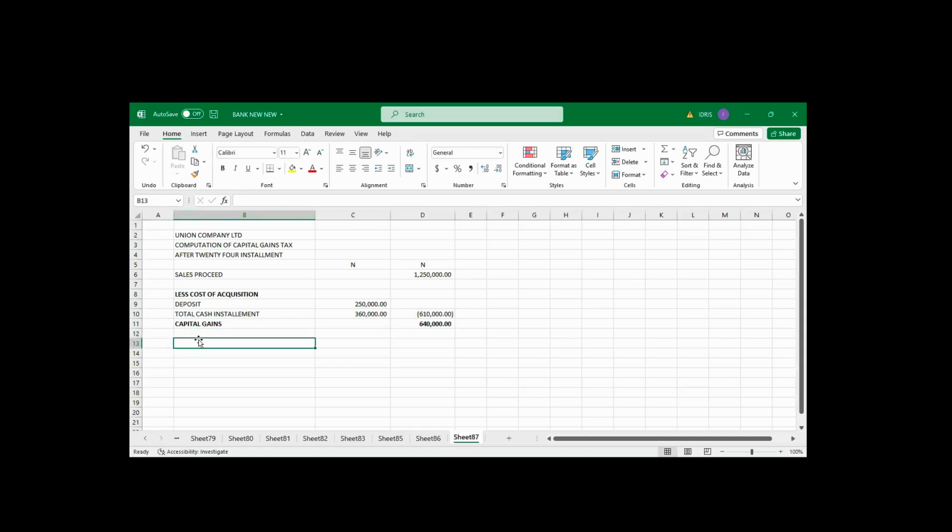So your CGT, capital gain tax, at 10%, is 64, times 10%. That is 64,000.